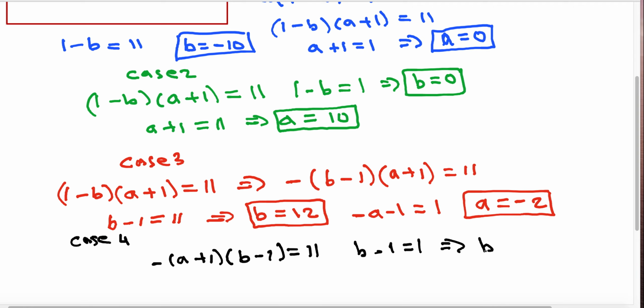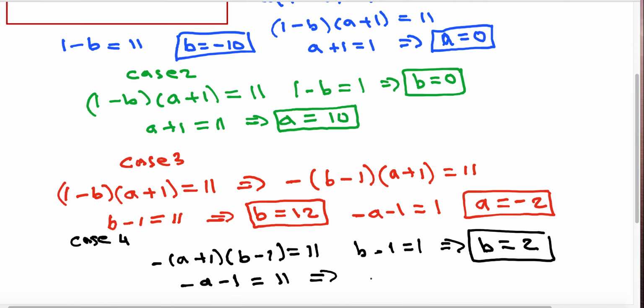And this turns out b to be equal with 2. And now minus a minus 1 is equal with 11, and plus 1 both sides. When I'm simplifying, this equation with 1 unknown is easy, and a is going to be equal with minus 12. And those are the 4 sets of the solution for this equation.